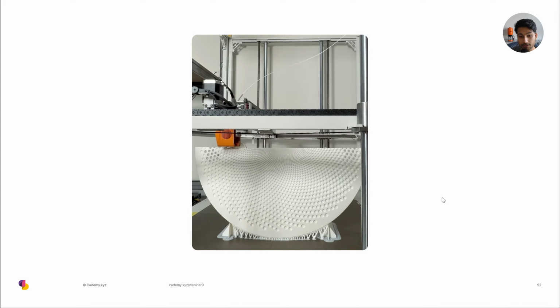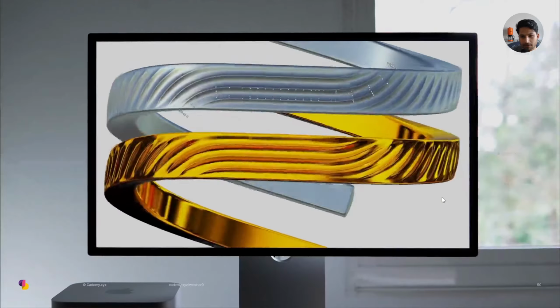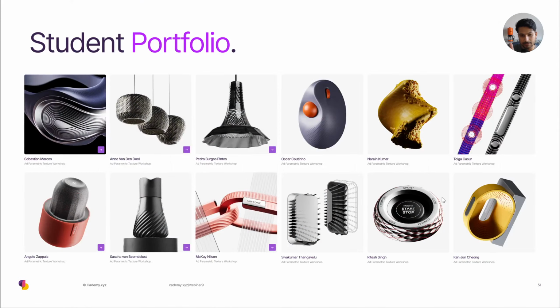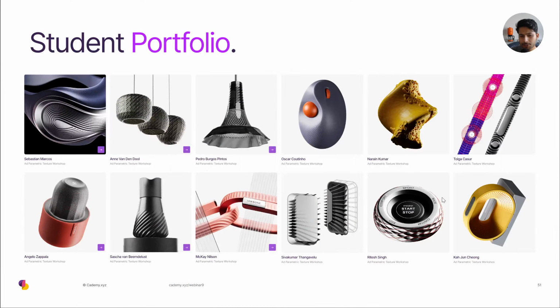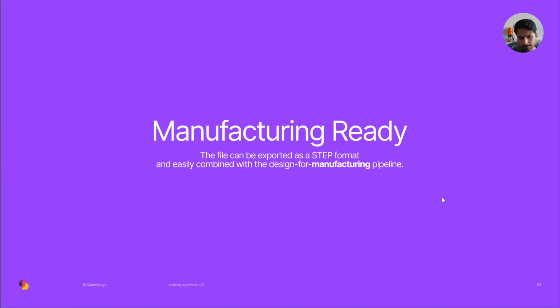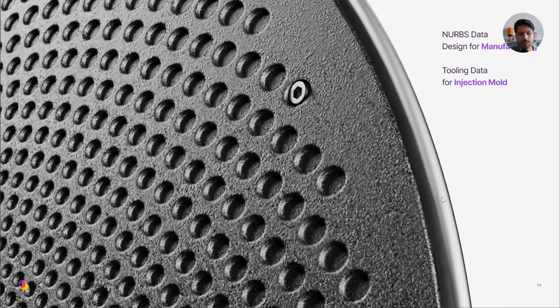Okay. In this one, I incorporated some design for manufacturing criteria, like adding the demolding angle, which is something we teach in the advanced workshop. Okay, so the data you generate in Rhino and Grasshopper is NURBS data, and it can easily be incorporated into the design for manufacturing pipeline.